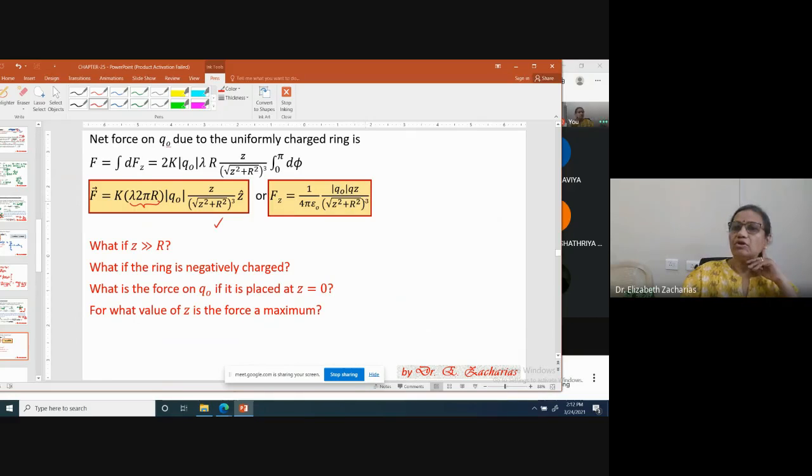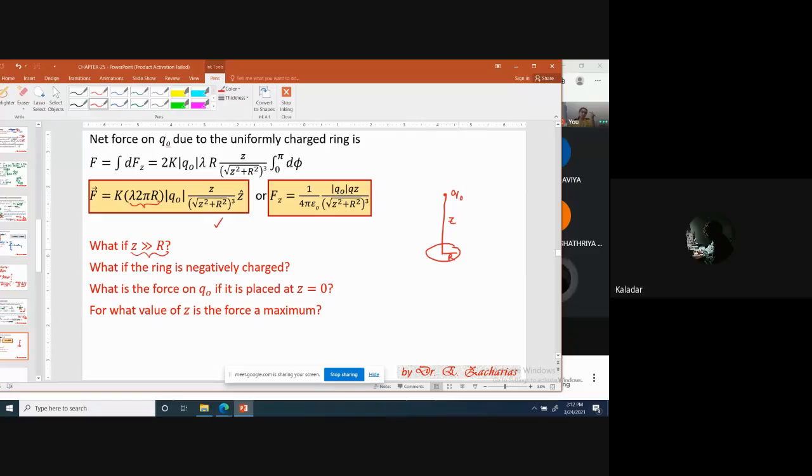Okay, now tell me, I have my ring. Once more, I'm back to the same question. I have my ring, and I have my Q naught here at a distance Z. What if Z becomes much, much greater than R? Will Q naught see this as a ring? Q naught will not be able to see it as a ring, it sees it as a point charge.